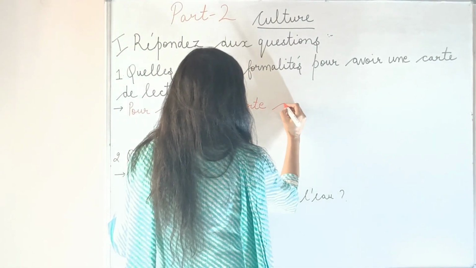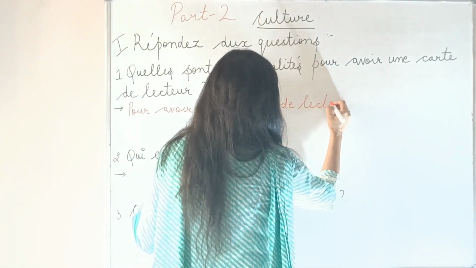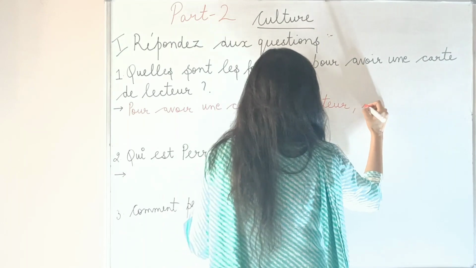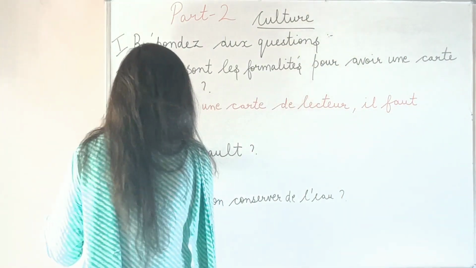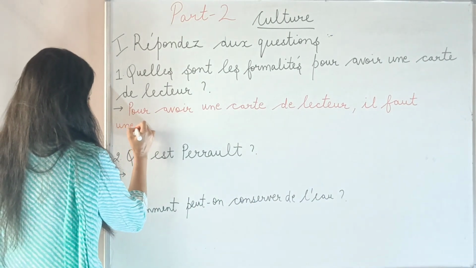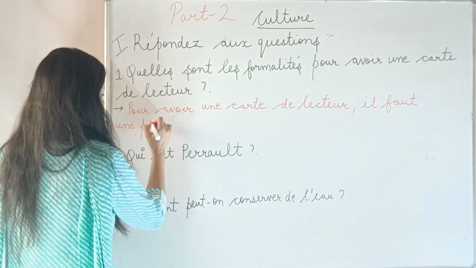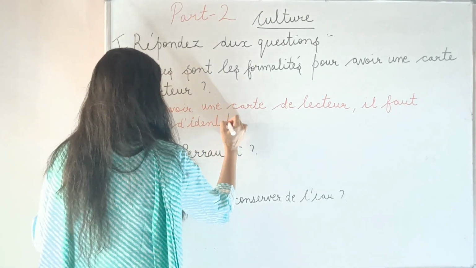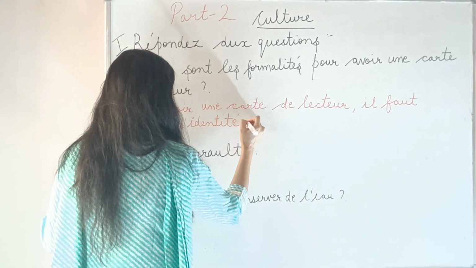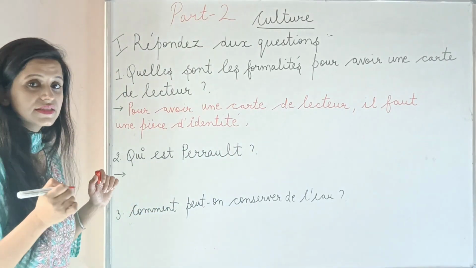Pour avoir une carte de lecteur, it's necessary to have une pièce d'identité, that's your identity card. If you want to apply for a library card, the first thing that you need is an identity card.